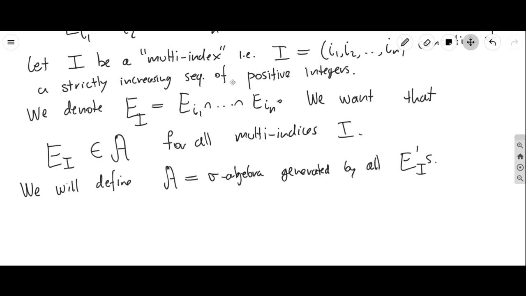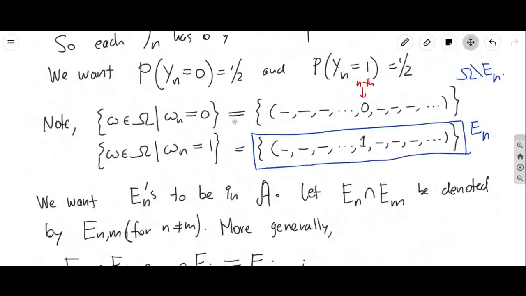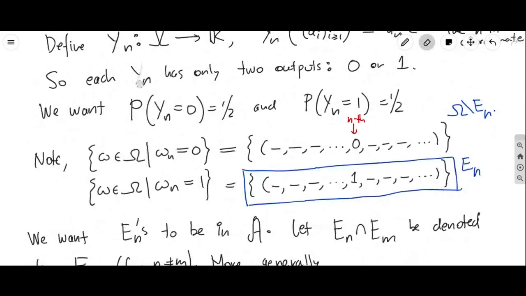So let's just explain what happened. Basically, we made the observation that if we want Y_n to be a random variable, we better have it that this one and this one belong to the sigma algebra. Now that's just a complement, so let's just focus on the E_n's.